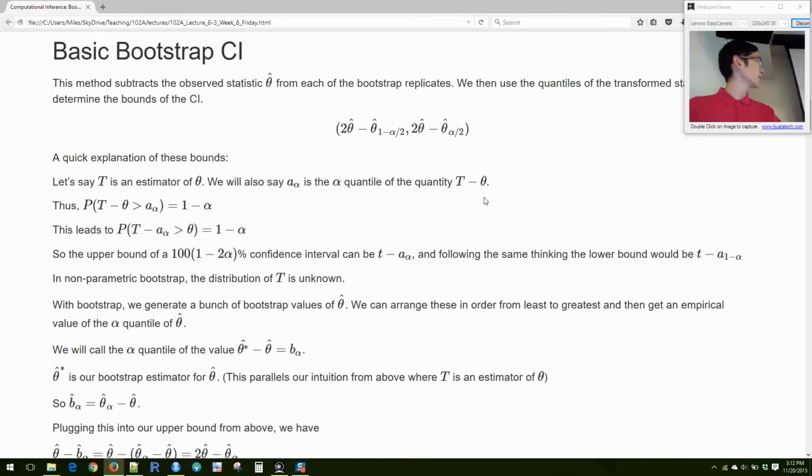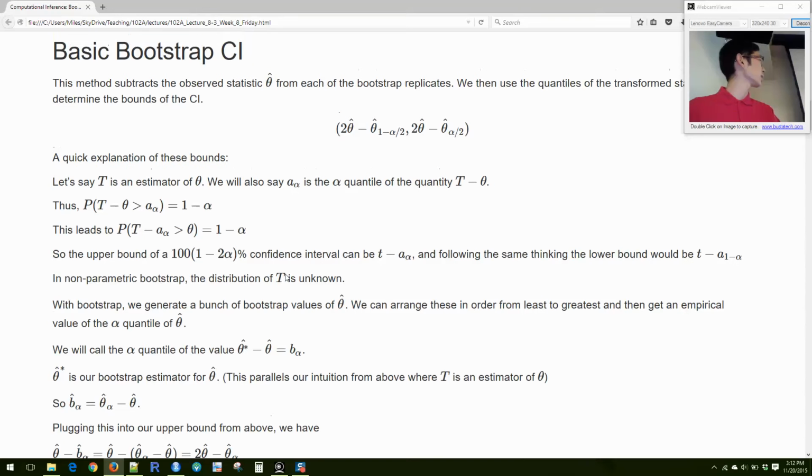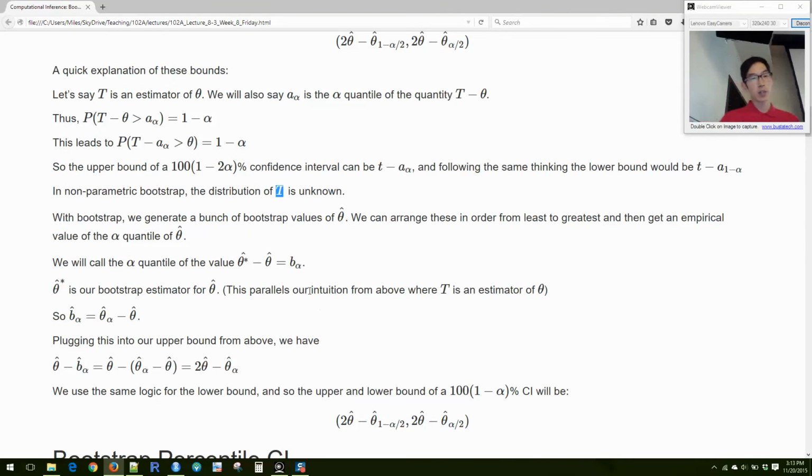So the way we would do this with non-parametric bootstrap, we don't know the distribution of T, but we can build up this distribution via bootstrap replicates. We generate a bunch of these bootstrap values of theta hat and arrange them from least to greatest, and that creates an empirical cumulative distribution function.